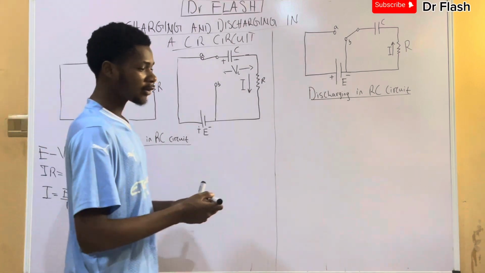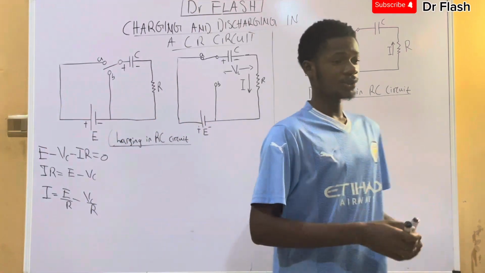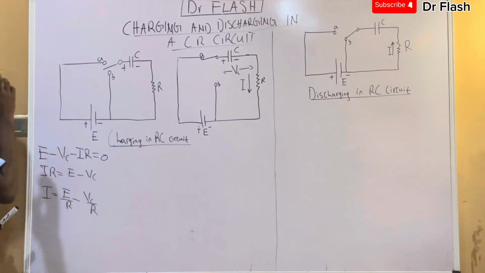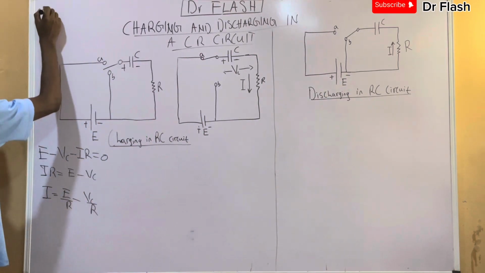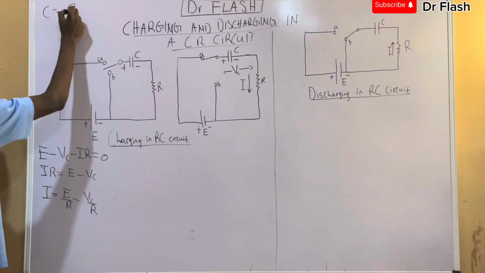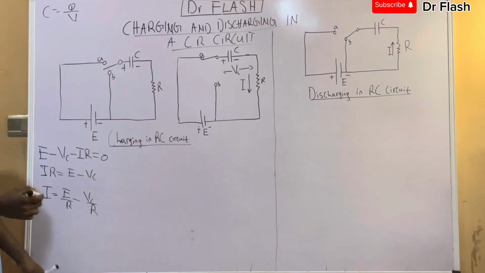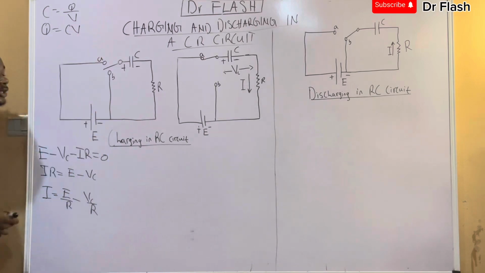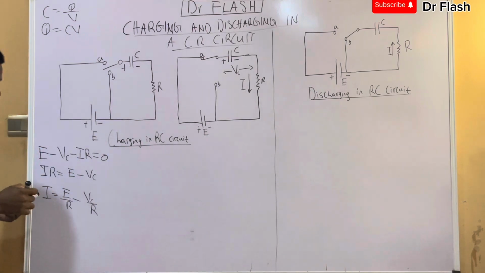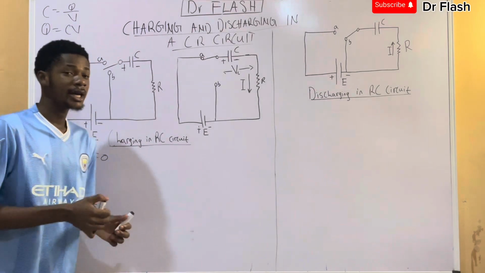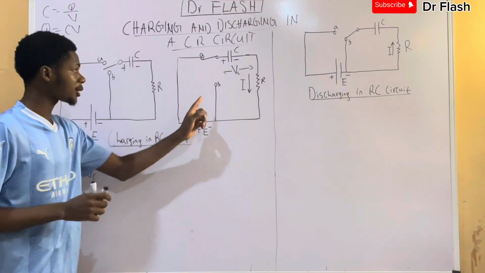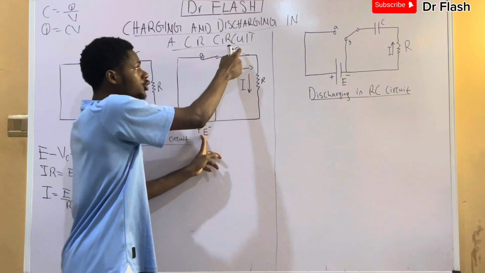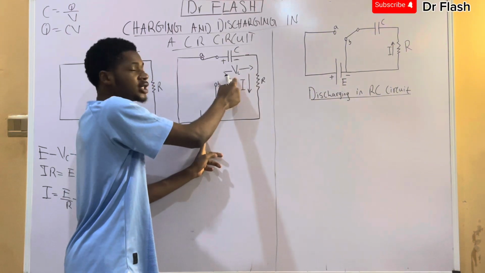Now, what is the formula for calculating the capacitance of a capacitor? We know that the capacitance of a capacitor is charge divided by the voltage, or the potential difference. Or we could as well say that Q is equal to CV. Now, after we are done charging, when this capacitor gets filled up, we'll notice that E will be equal to the potential difference VC across the capacitor.